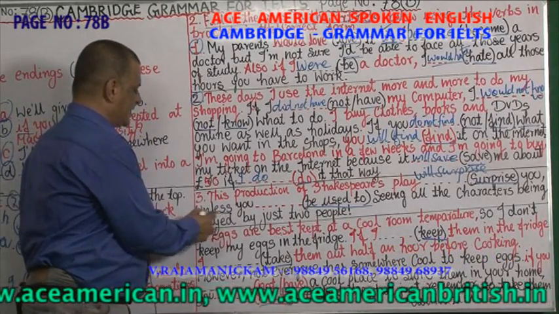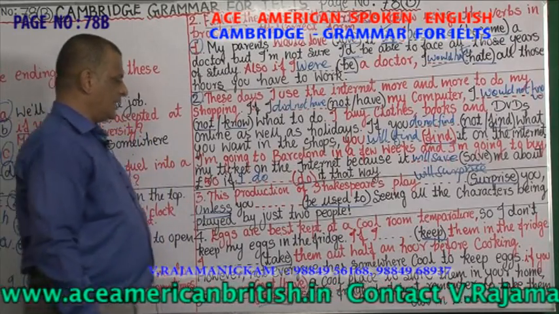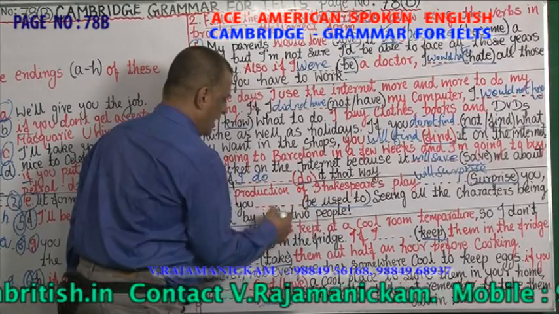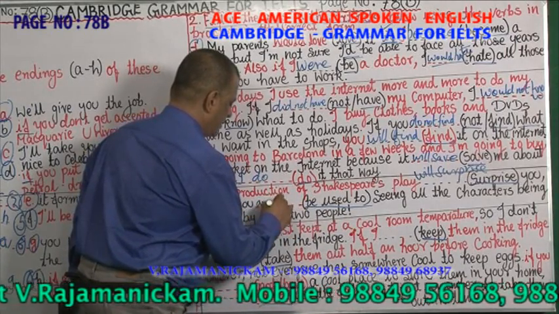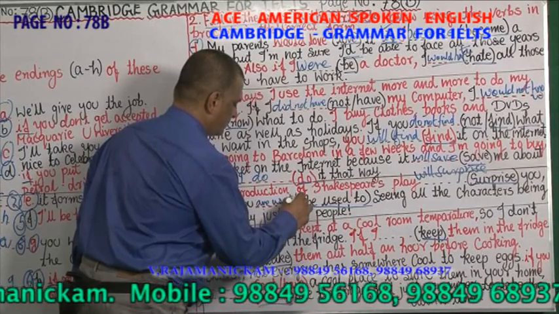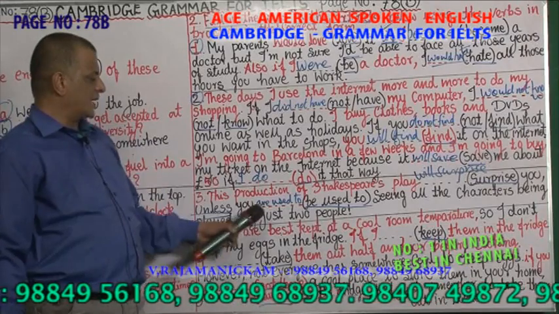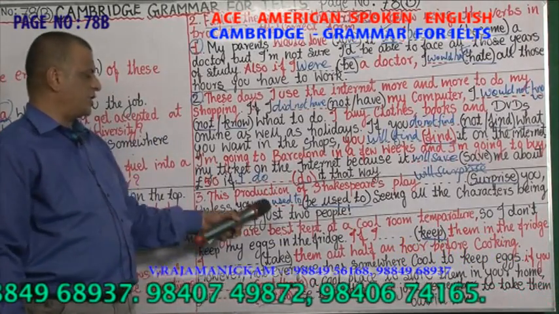See, unless is the condition sentence, right? Unless you are used to. Am I correct? Unless you are used to. So condition number 1, seeing all the characters being played by just 2 people.